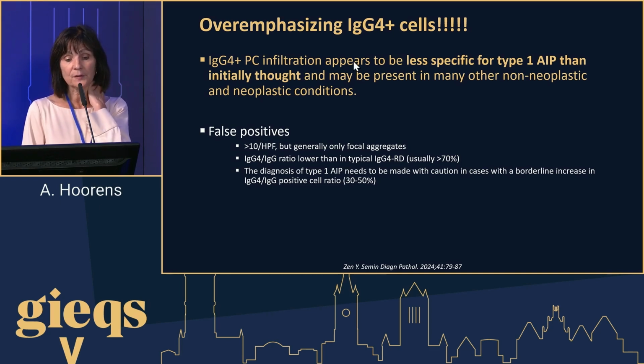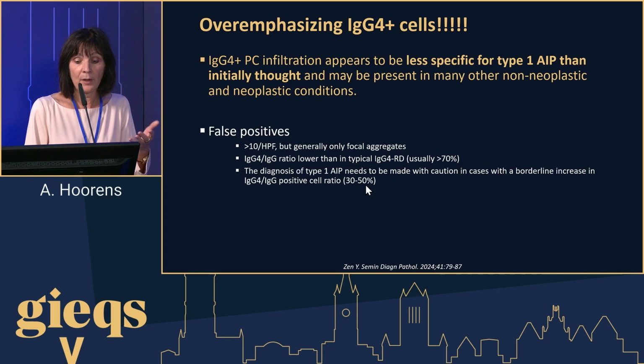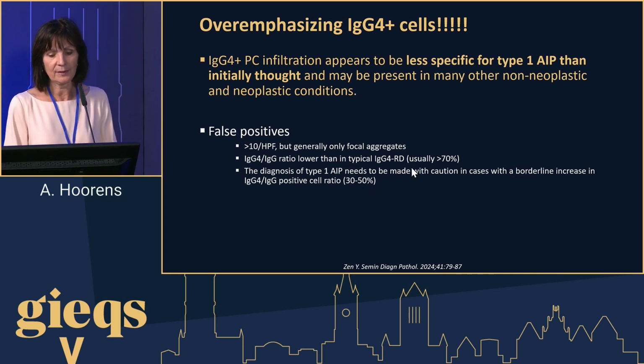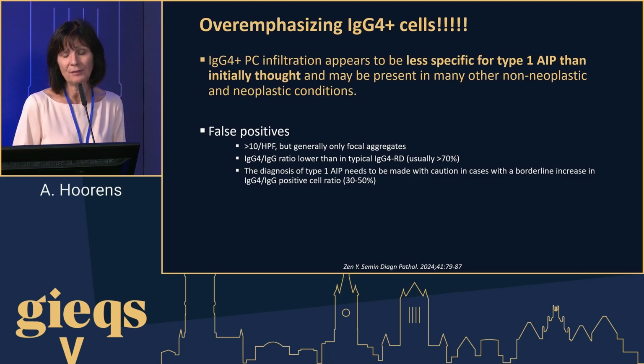And what are then the false positives? Usually the value is about 10 per HPF, but it's generally only patchy. And then the ratio is around 40, but not like in the very typical cases where it's usually 70 to 80%.